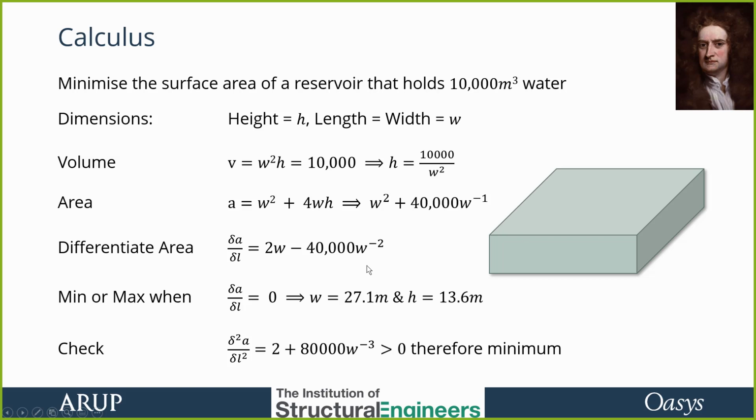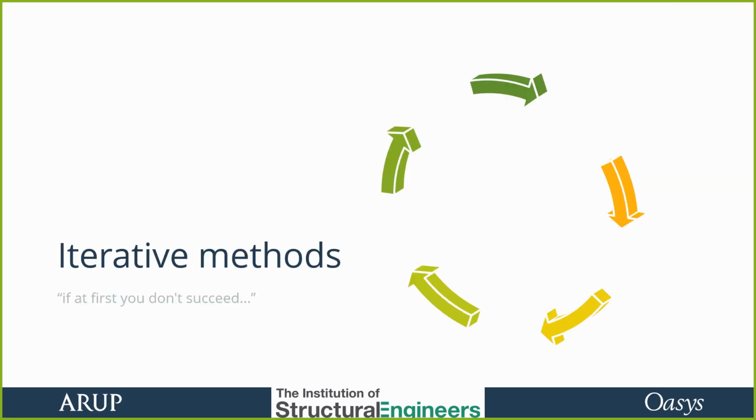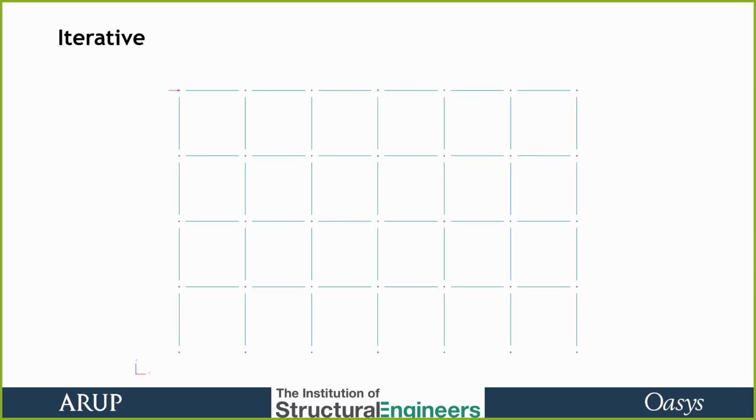Yeah, now that's not always an option. Sometimes we need to iterate and look again until we get to the final answer, a bit like design in general. So here's an example. There's this variable frame, there's a point node at the top.